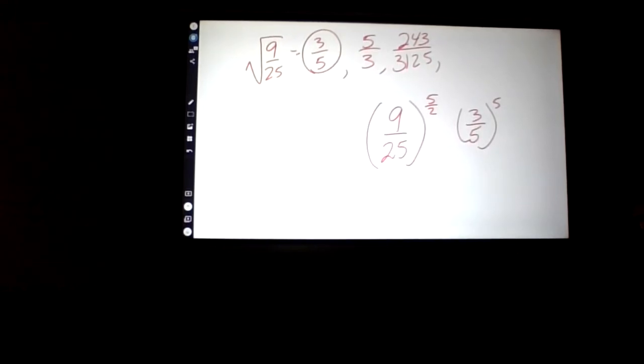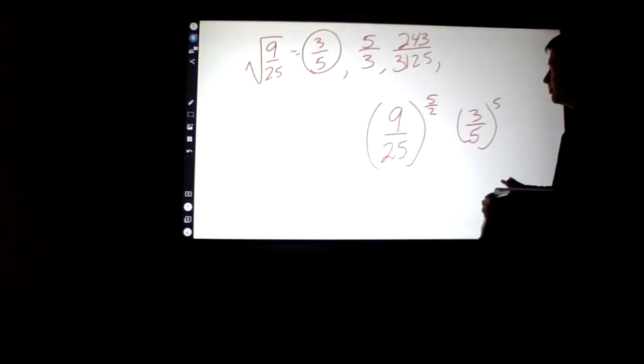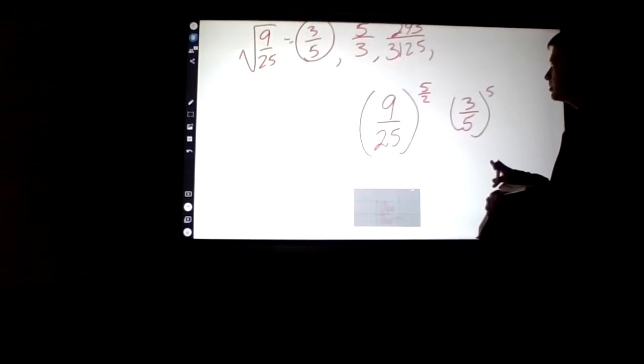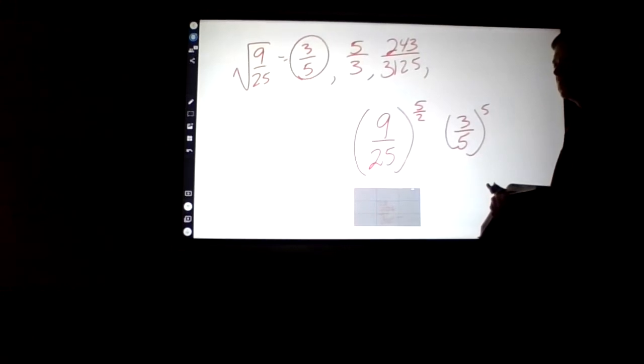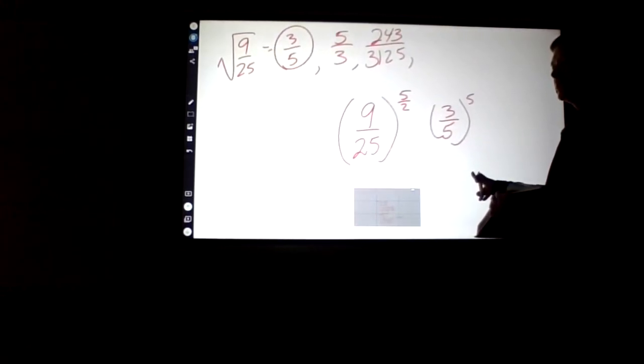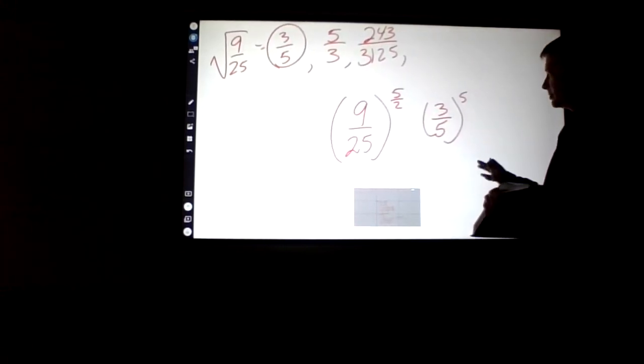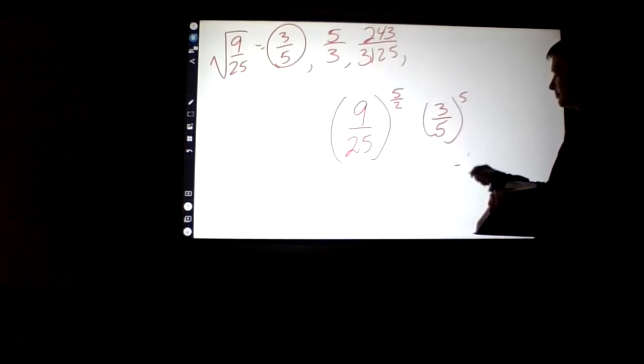Bethany, what is negative 1.5 as a fraction? As a fraction? Wait, what did you ask? What's negative 1.5 as a fraction? Okay, what's it as a mixed number? This is a really easy question, hopefully.